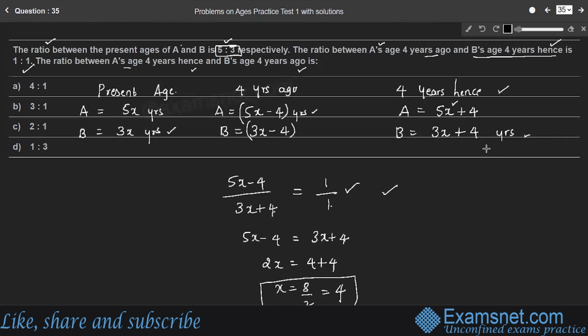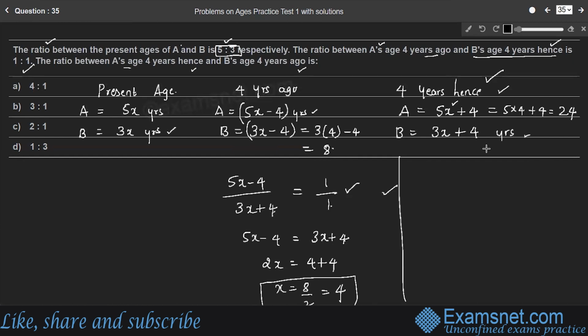Now we'll find A's age 4 years hence. Since x is 4, 5 into 4 plus 4 is 24. Whereas 4 years ago, B's age was 3 into 4 minus 4. So 12 minus 4 is 8.